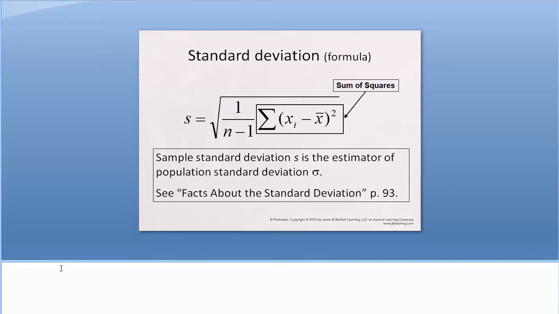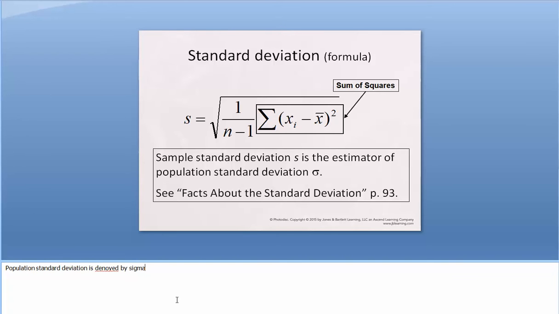So the population standard deviation is denoted by sigma, another Greek letter. This is of course the lowercase.